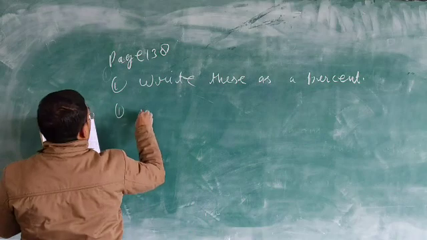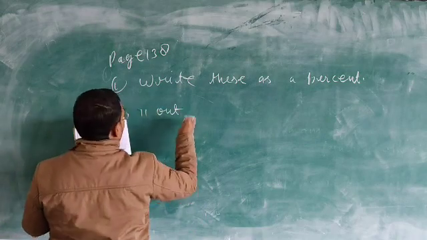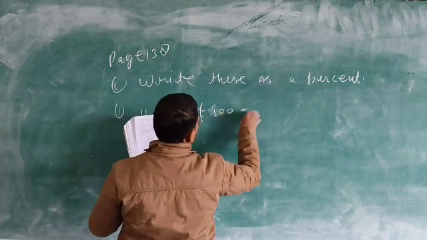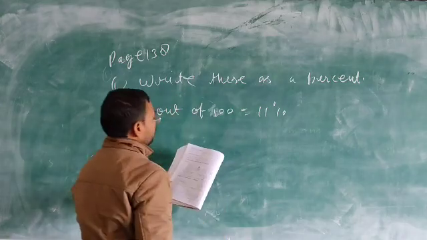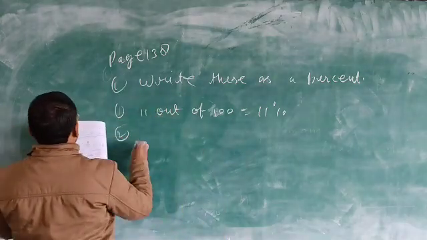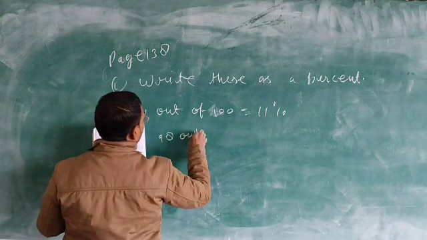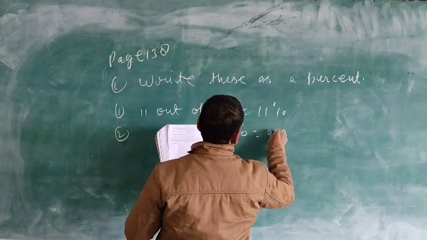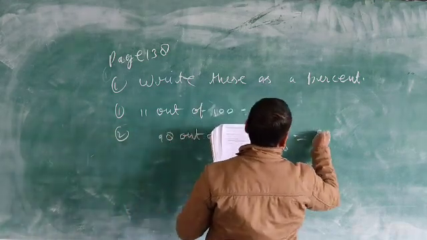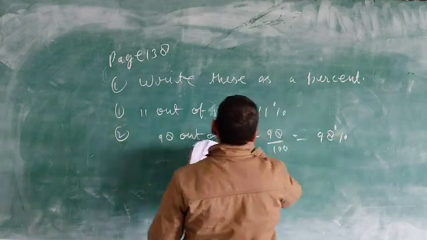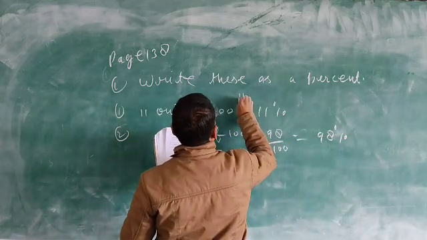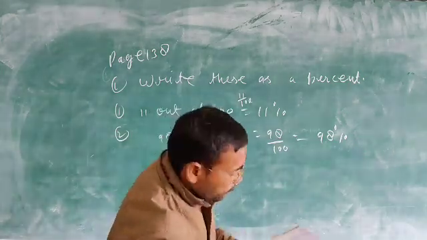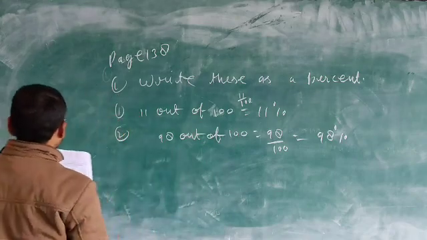So you can write directly by definition, 11 out of 100 means 11%. Second, 98 out of 100. You can write like this, directly 98%. This also you can write 11 by 100, or directly you can write the percentage by definition.